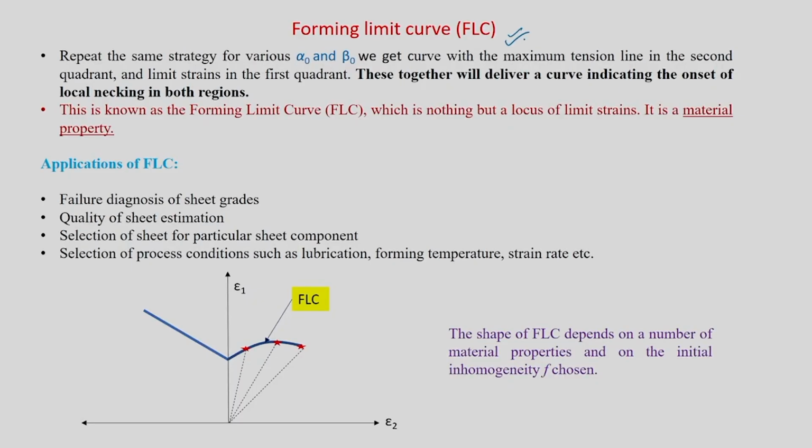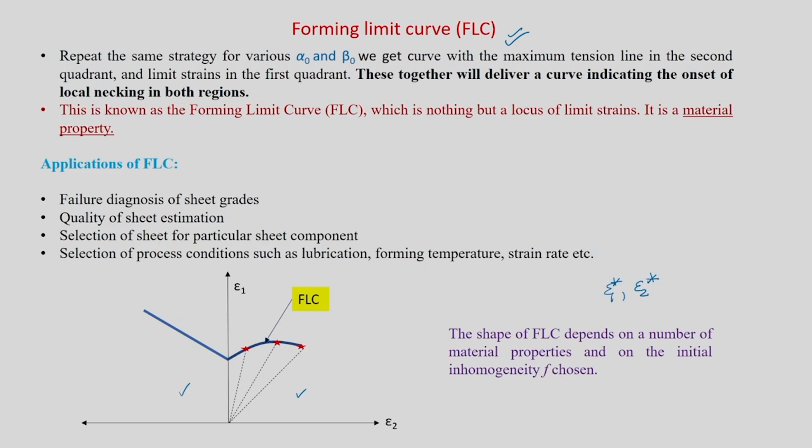So what is this forming limit curve? It is the curve which indicates the onset of local necking in both the regions, that is, in the first quadrant and in the second quadrant, and it is the locus of limit strains. We introduced epsilon 1 star, epsilon 2 star in the previous section.